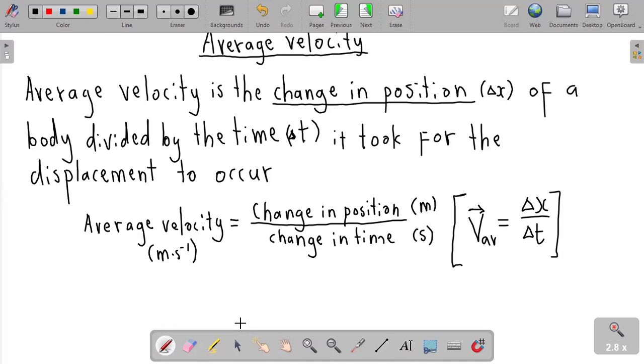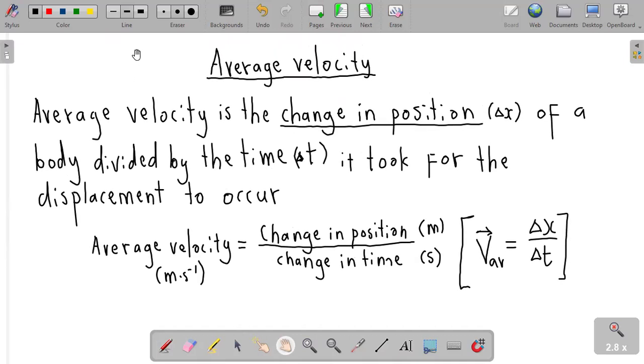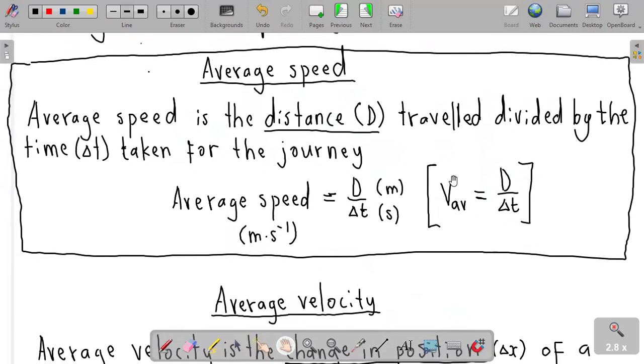So, the average velocity and the average speed: one is a vector, the other one is a scalar. You see the difference in notation. The small arrow on top of the V tells you that it is a vector. For average speed, there is no arrow, so it's not a vector, it's a scalar quantity.